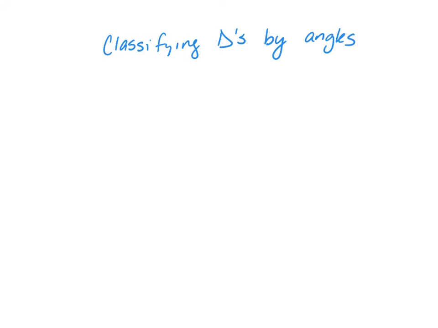When you're classifying triangles by angles, you have acute, obtuse, and right triangles. And you should know this. Okay?